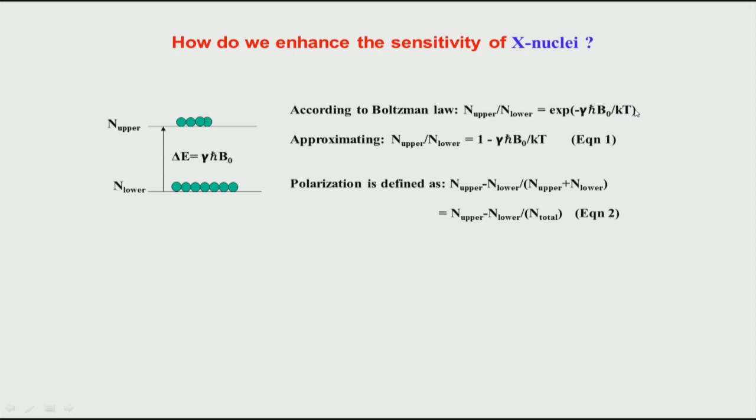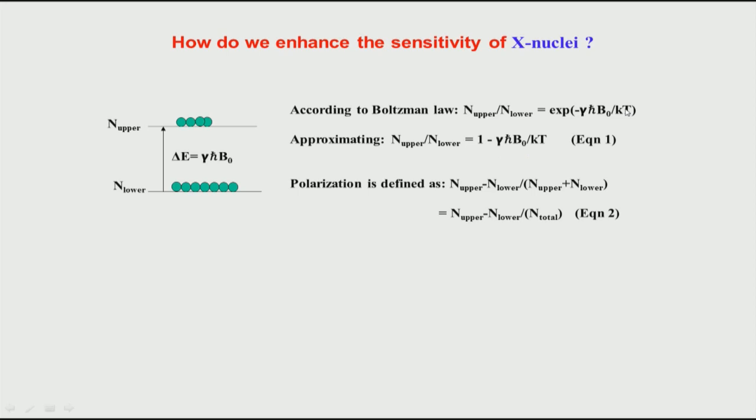So, we are working basically at ambient temperature conditions. Under those conditions one can approximate this equation and write it in this form. This is called the high temperature approximation.